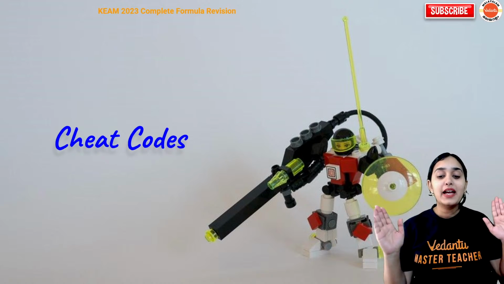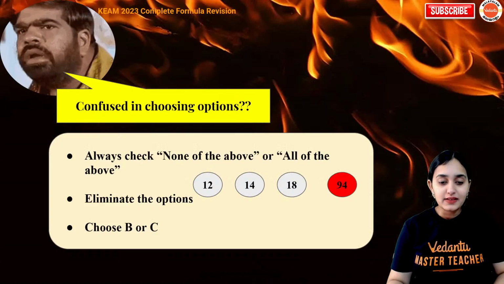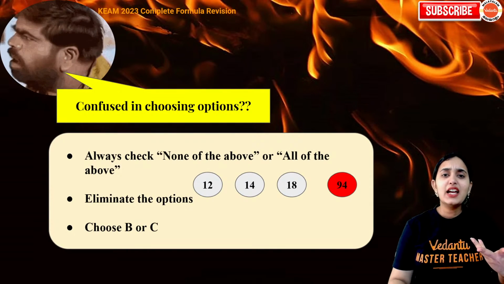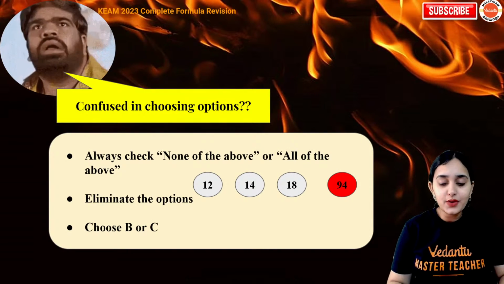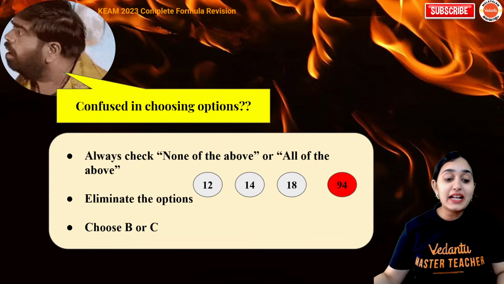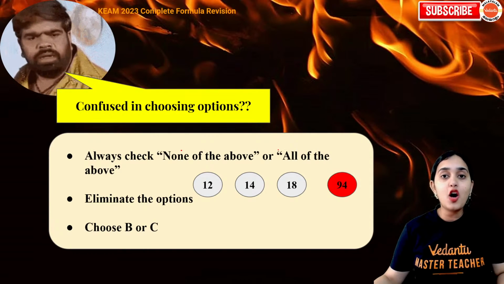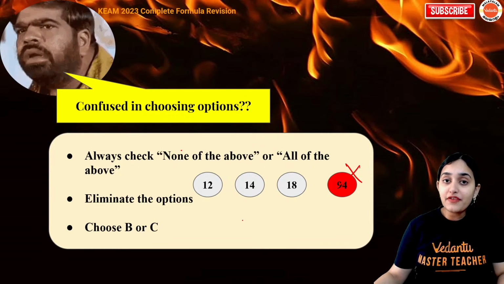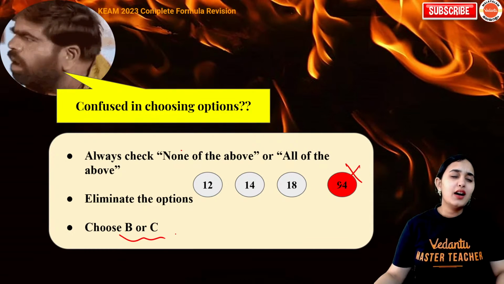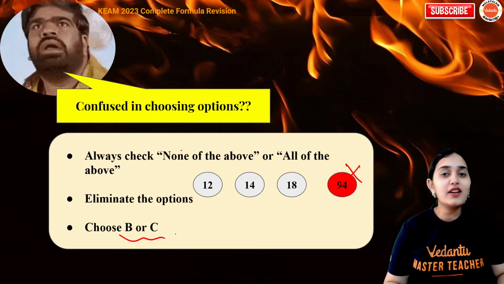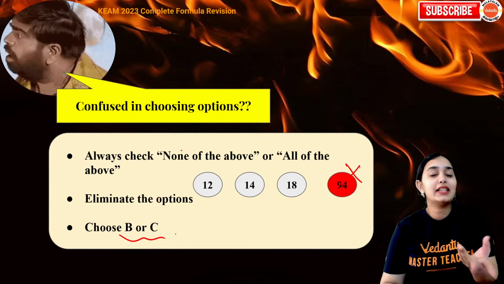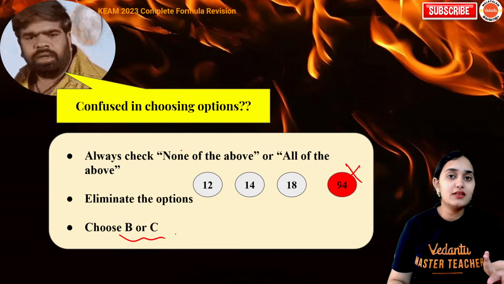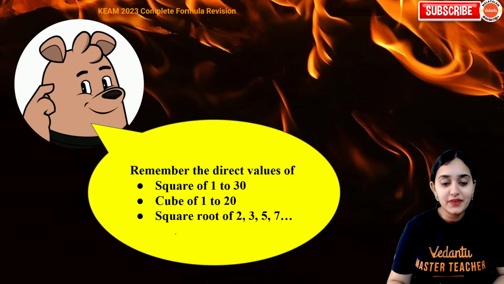Here you go. First, generally, if your options are very confusing, try to eliminate options like none of the above, all of the above, and check about them. Eliminate options which are too different and try to guess B or C option, because generally they are more famous and more asked.